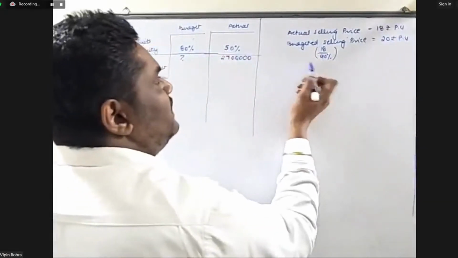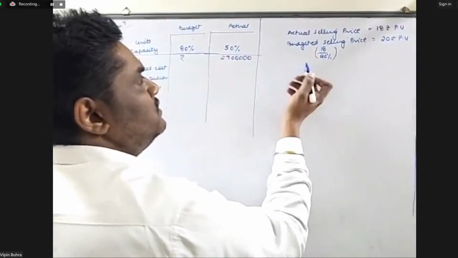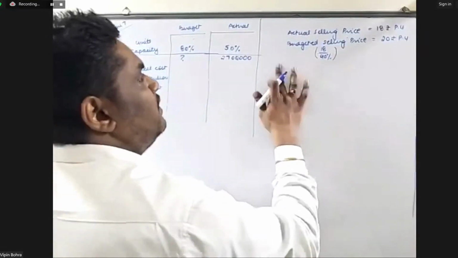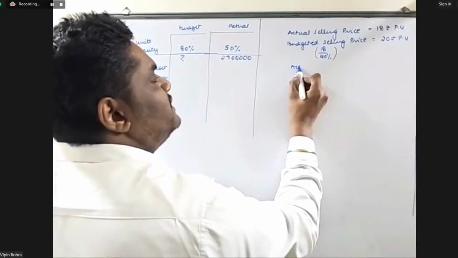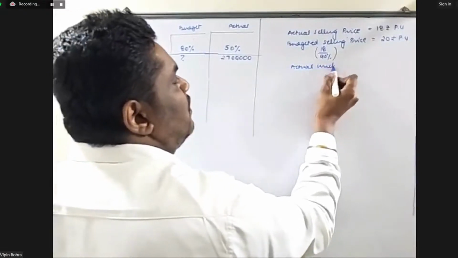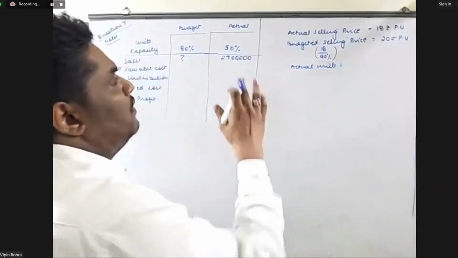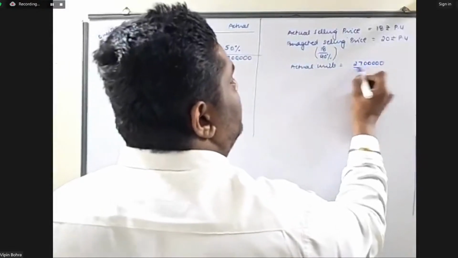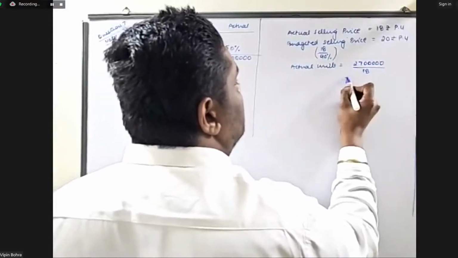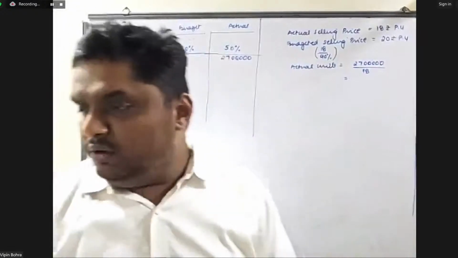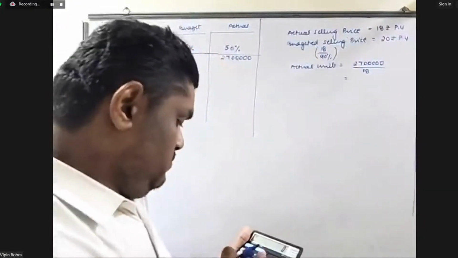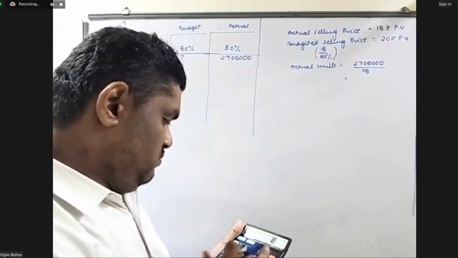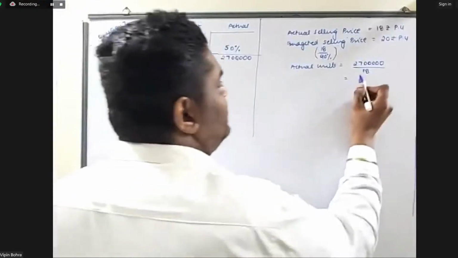Further, we can calculate the budgeted units and the actual units also. My actual units will be how much? 27 lakh divided by 18, so my actual units manufactured are 1,50,000.